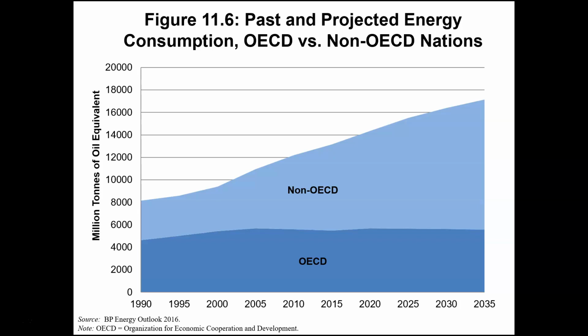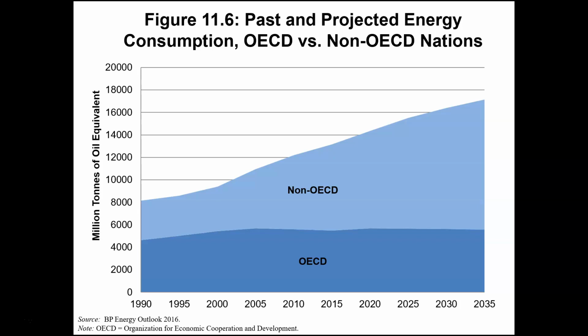So this is an interesting picture of energy consumption over the past and projected for the future in developed nations. OECD nations are typically developed ones, and the non-OECD are developing nations.